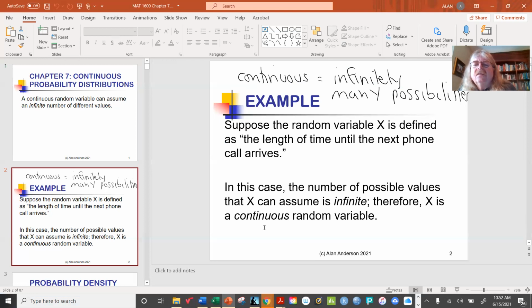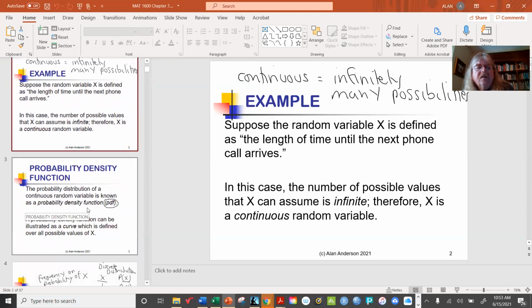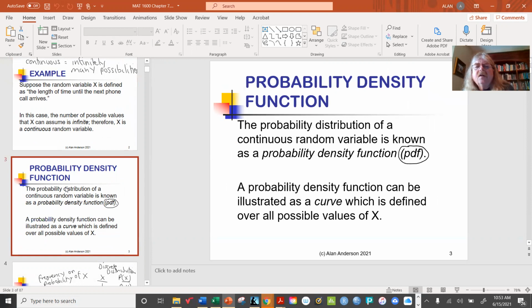Remember, continuous simply means an infinite number of possibilities. So the formulas for calculating probabilities are, of course, going to be more complicated. Now, by the way, I just want to mention this. You notice that I use these letters PDF, binom PDF. I mentioned a little while ago, PDF stands for probability density function.